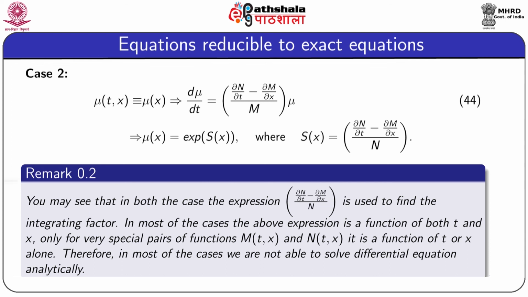You may see that in both the cases, the expression (∂n/∂t minus ∂m/∂x) divided by n is used to find the integrating factor. In most of the cases, the above function is a function of both t and x. Only for very special pairs of functions m and n, it is a function of t or x alone. Therefore, in most of the cases, we will not be able to solve the differential equation analytically, and we may have to take numerical methods to solve the differential equation.